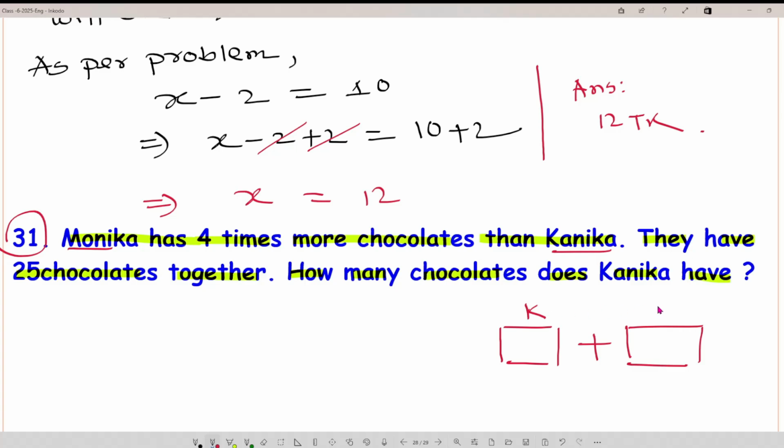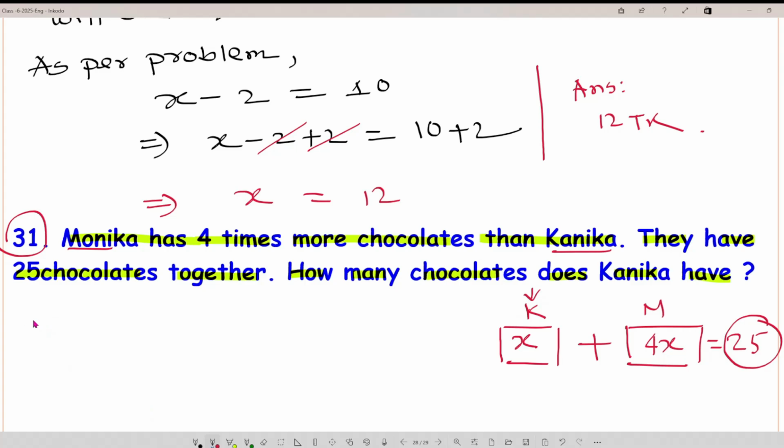Monica has 4 times the chocolate. It means if Konika's chocolate is X, then Monica's chocolate is 4X, and together 25. So we can easily find the value of X, it means Konika's.